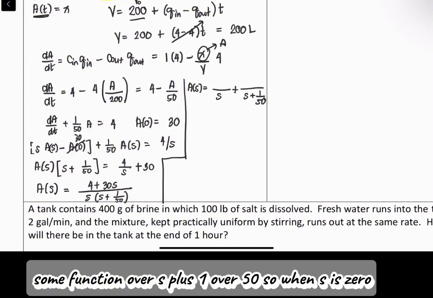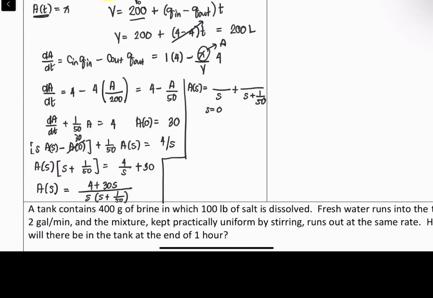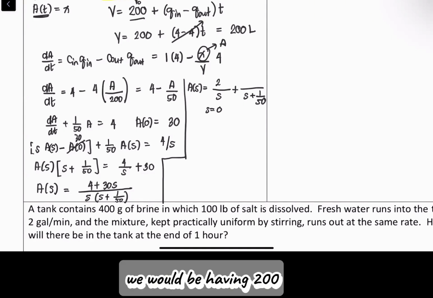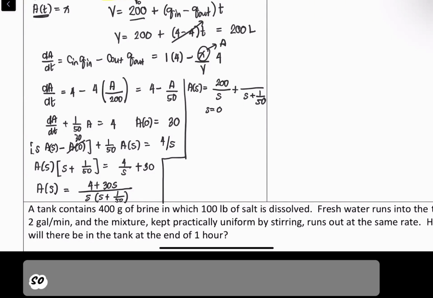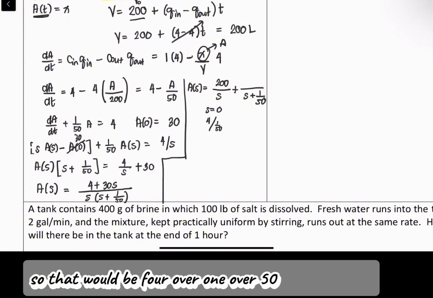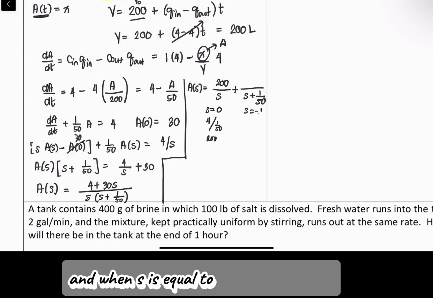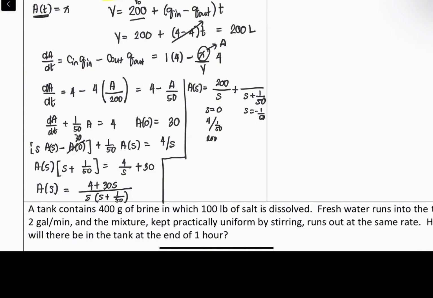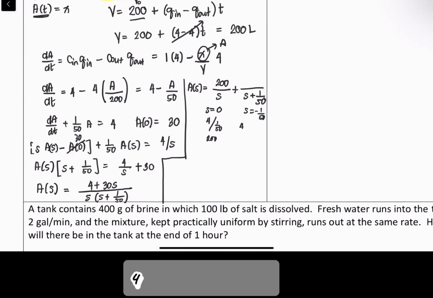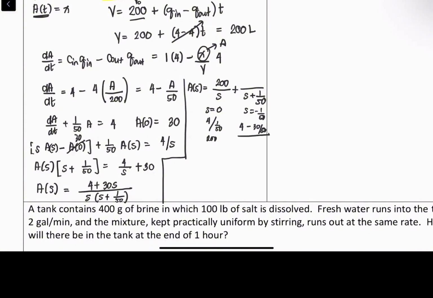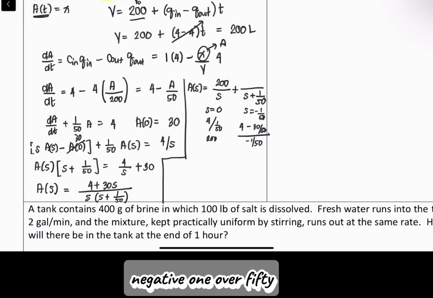So when s is 0, we would be having 4 over 1 over 50. So that is 200. And when s is equal to negative 1 over 50, so we have 4 minus 30 over 50 all over negative 1 over 50.